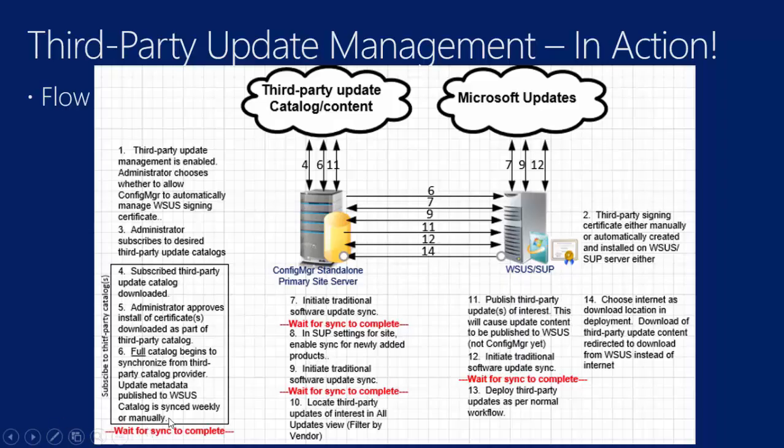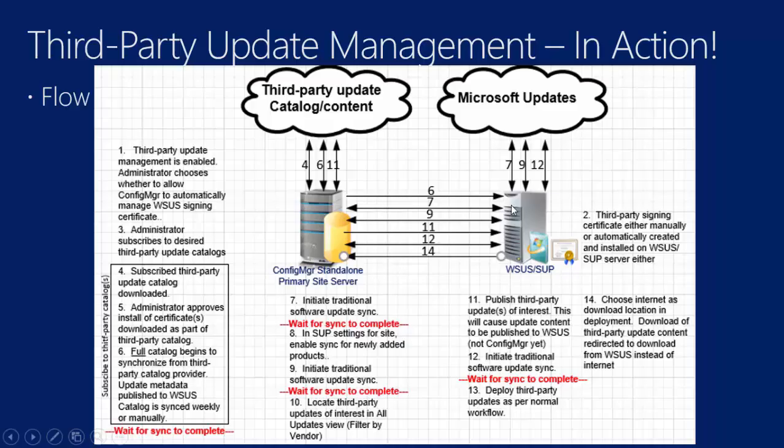So once that sync is complete, now we have to go into ConfigMgr and initiate a traditional software update sync, right? That's step 7. So now the updates are all over here. We need to make ConfigMgr aware that these updates are over there. This step 7 synchronization is not pulling over the software update definitions.